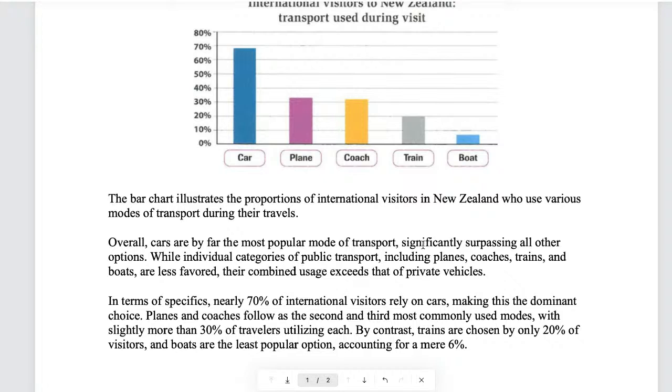S-U-R-P-A-S-S, yes, surpass. Now we are using right after the adverb. You need to use surpassing, ing. Okay, you put ing after that.